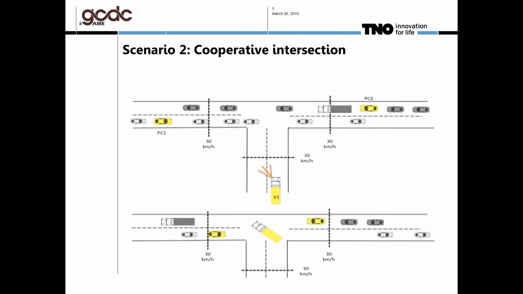And then in the second scenario, we have an intersection with a secondary road, a car driving on a secondary road, and it wants to enter a main busy road where normally it cannot get access. But through cooperation with some vehicles, which are shown in yellow, and they give way to the car which is coming from the secondary road.